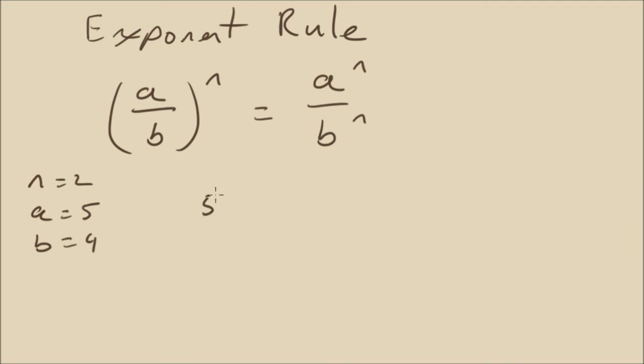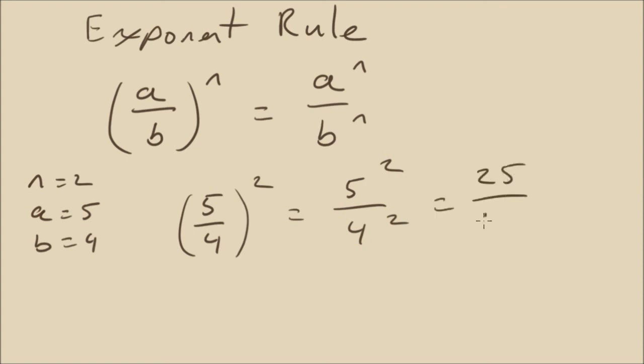So that's going to be 5 over 4 to the power of 2 is equal to 5 to the 2 over 4 to the 2, which is equal to 25 over 16, and I don't think we can actually break that down much further.